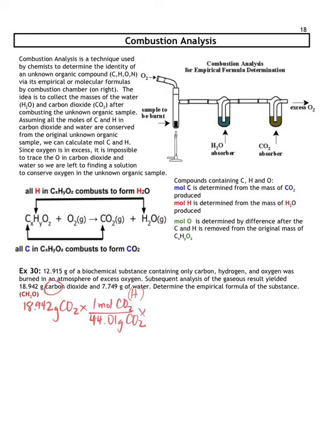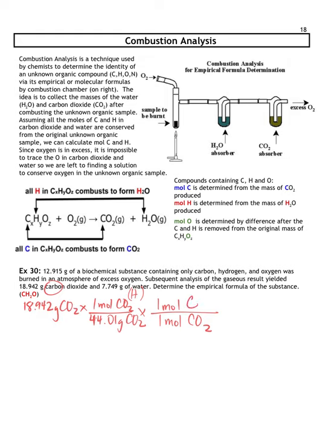And then I'm going to use the mole ratio and break the moles of carbon dioxide into moles of carbon. I know that if I have 1 mole of carbon dioxide, I have how many moles of carbon? Just 1, because there's a 1 subscript here. So I'm going to put 1 mole of carbon.